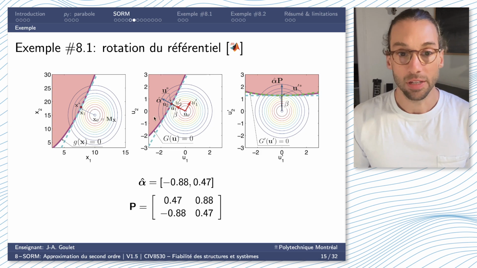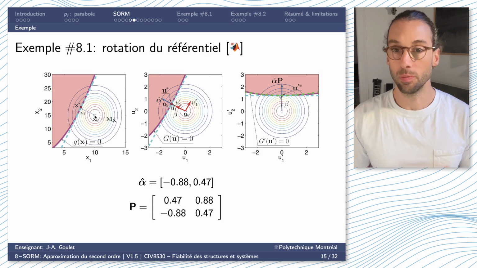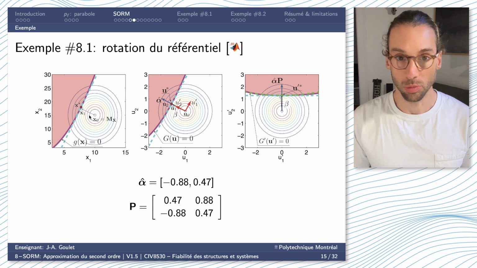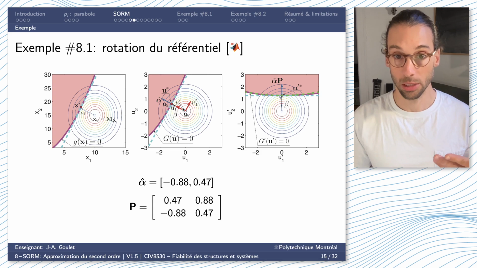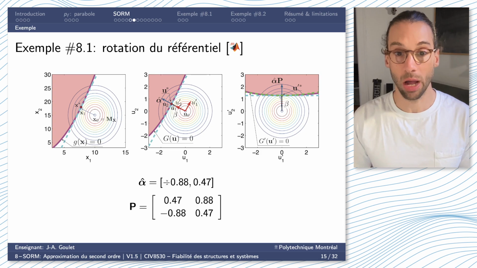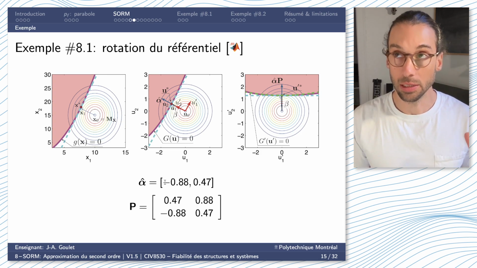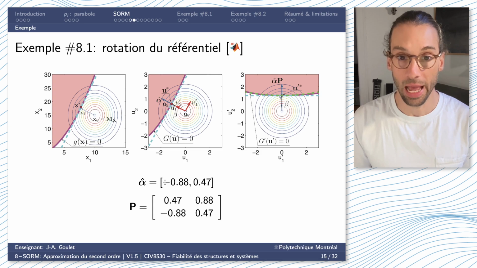So this is my original space. I have my x0 corresponding to mx. I use my HL-RF algorithm to find my design point, and I'm going to do this in the standard normal space, U. With the FORM analysis, I had already found in module 6 my negative standardized gradient vector alpha hat, which is minus 0.88 and 0.47.